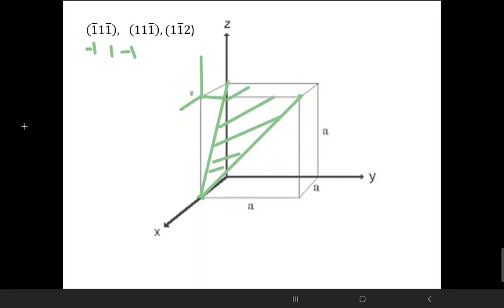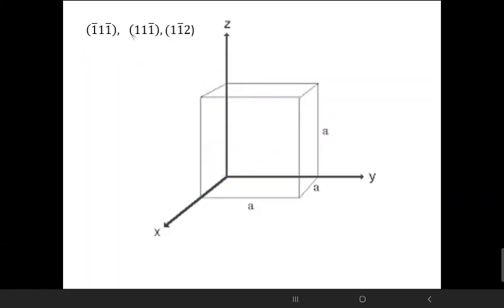This is your axis, this is your origin. Similarly, the second one, 1 1 bar 1. Here you have negative z, so you will take this as origin. So x is plus 1, y is plus 1, z is minus 1.